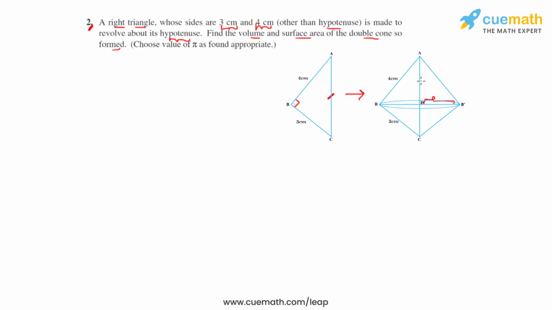And if I take AD to be the height H1 for the cone which is above and DC as the height H2 for the cone which is below, we would understand that the total length, that is H equal to H1 plus H2, will be nothing but the length of the hypotenuse.